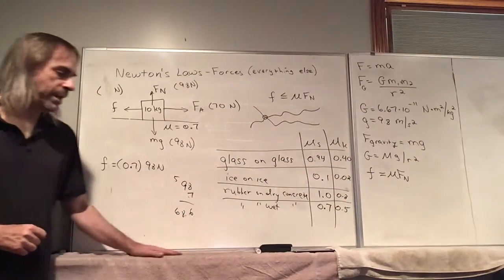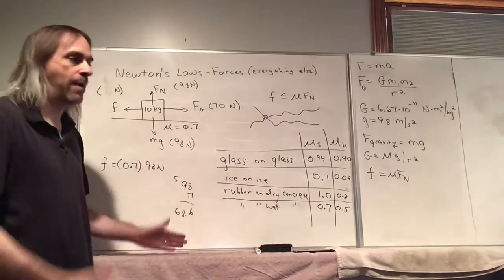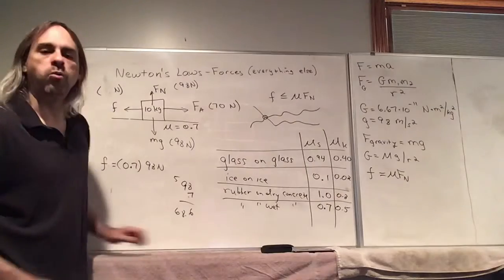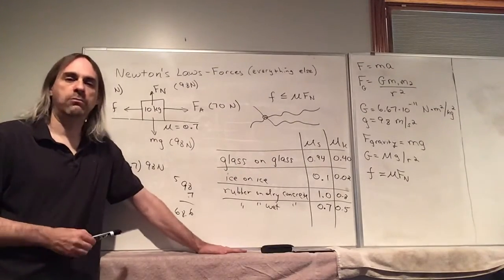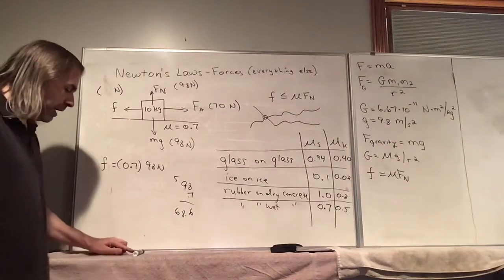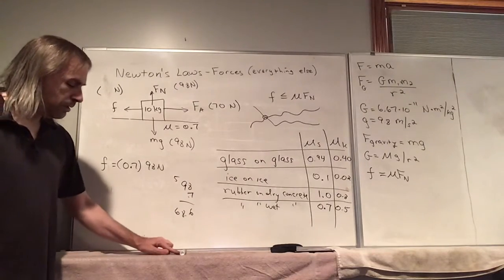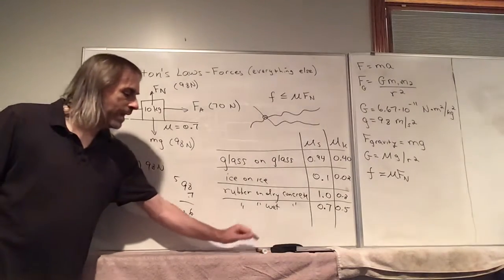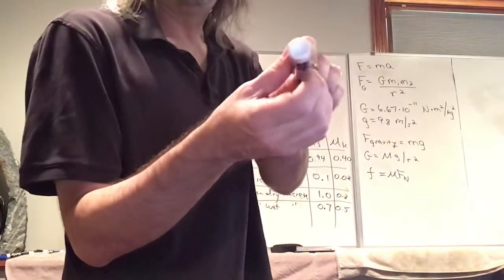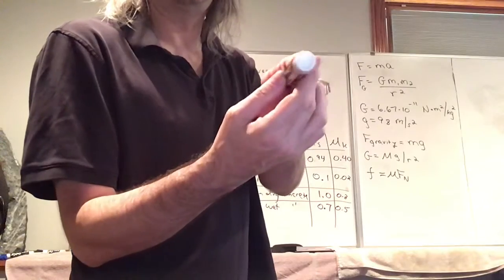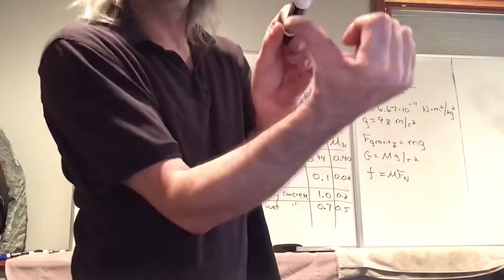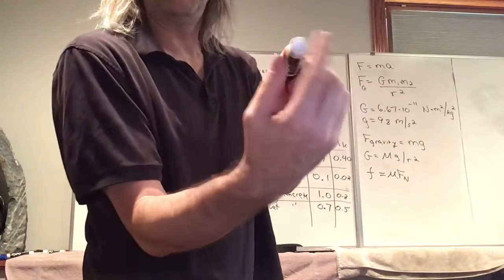It might not look like it because the marker is moving. Isn't that what kinetic friction is? However, it's doing something we call rolling without slipping, which is something we're going to talk about quite a bit later on. It's obviously moving to the right, but if you look at the bottom where it's in contact, if I'm spinning this, that point, if you just trace it, is moving to the left as it's spinning.